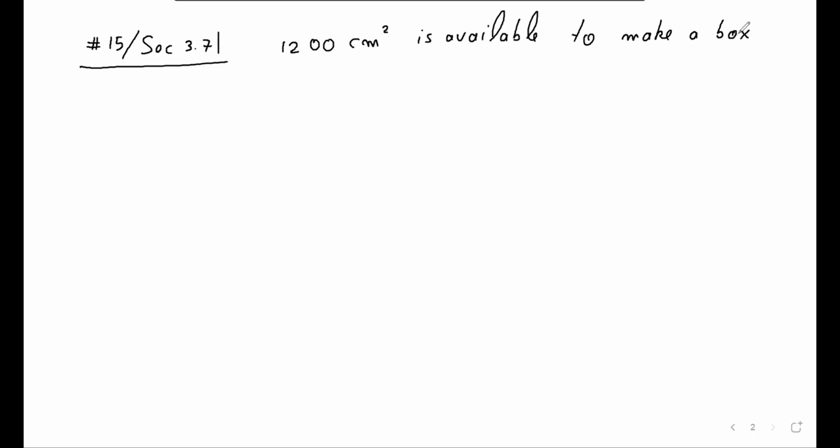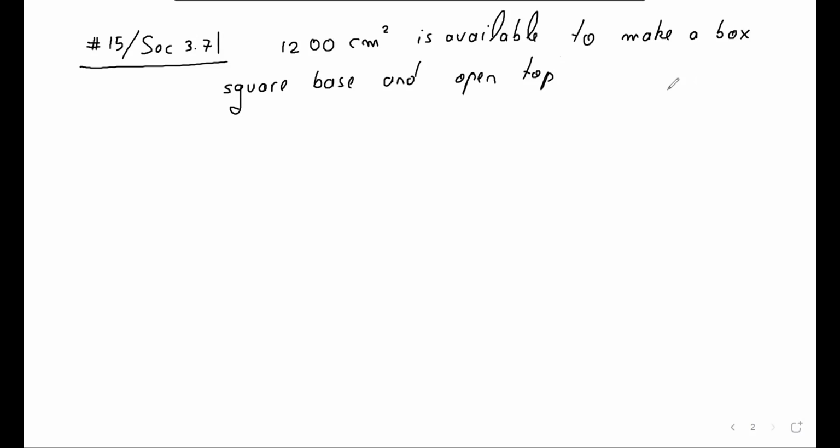And the box has a square base and an open top. What kind of box is that? It's a rectangular box. I'm assuming, since they don't tell clearly here, that it's a rectangular box with a square base.